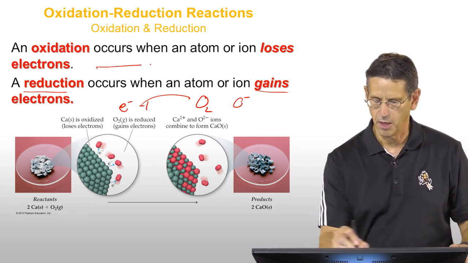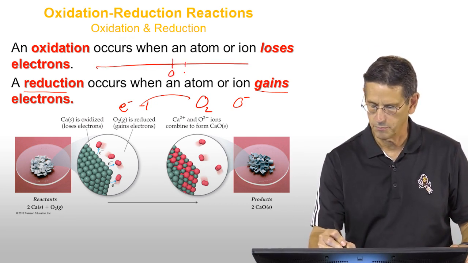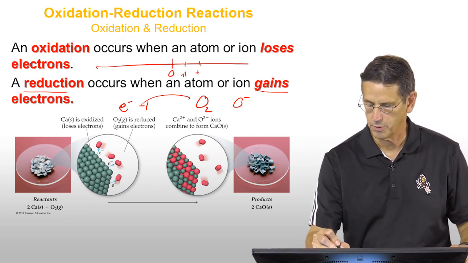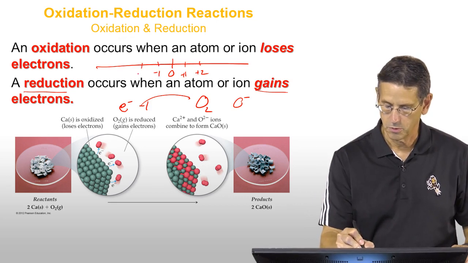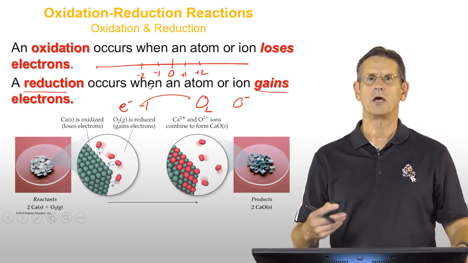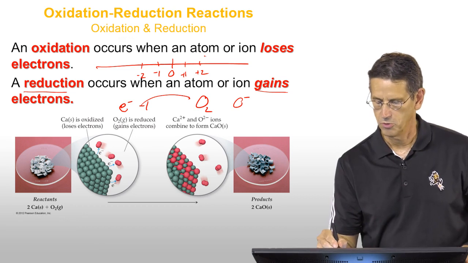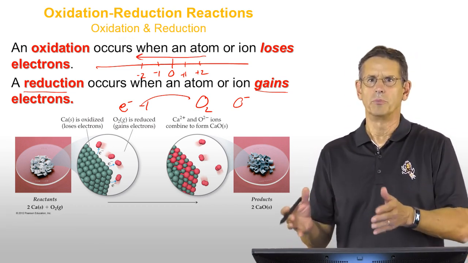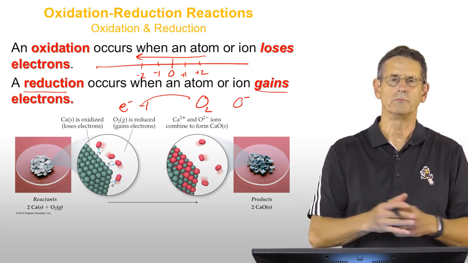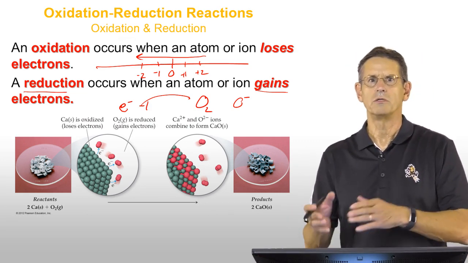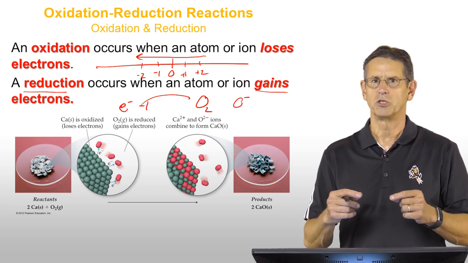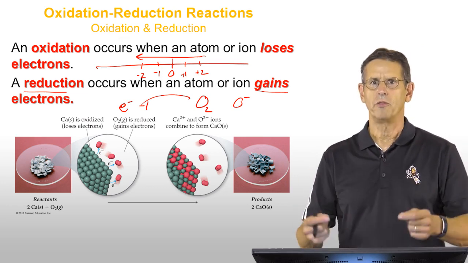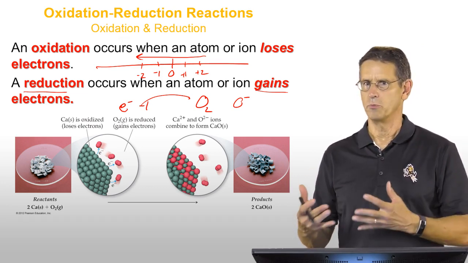So think about the number line. We've got plus 1, plus 2, -1, -2. Anytime you gain an electron, you're moving right to left on the number line. So reduction could be +4 to +2, or -1 to -3. And it's simply because we're acquiring those negative charges in the form of electrons.